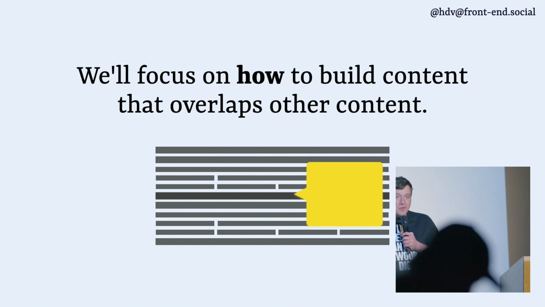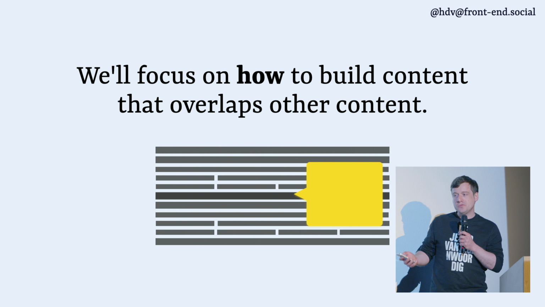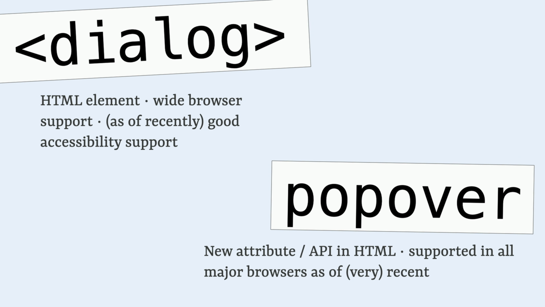And I'm going to talk about them specifically with regards to two new-ish web technologies that are both in HTML. On the one hand, the dialog element, and on the other hand, the popover API or attribute. Popover is fairly new, and as of very recently, 2 weeks ago, it shipped in Firefox, meaning that it is now available across all major browsers, which is about time to start talking about it, I guess.